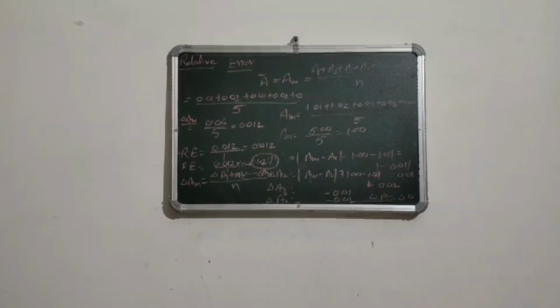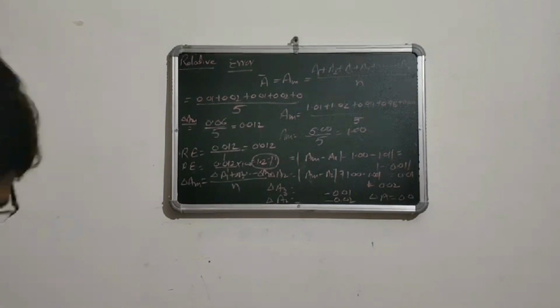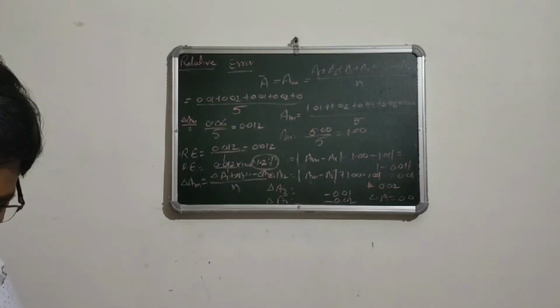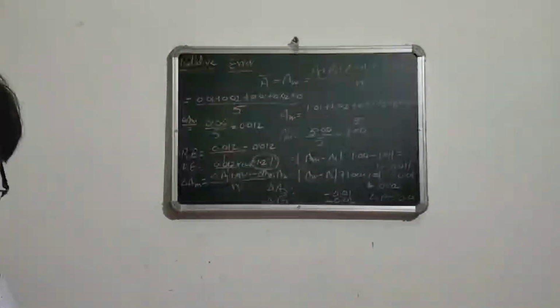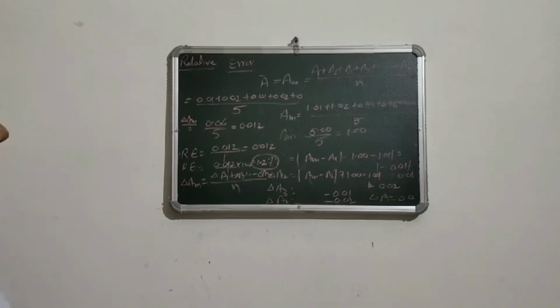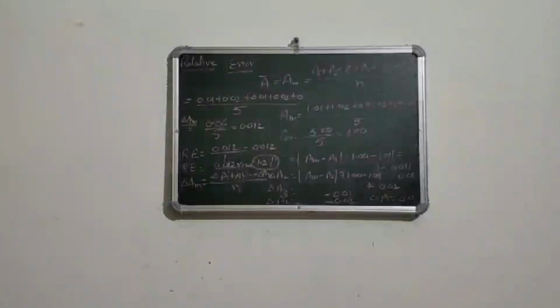Some errors are produced by the instruments, called instrumental errors, and some by the observer, called systematic errors, and another is random errors, right?